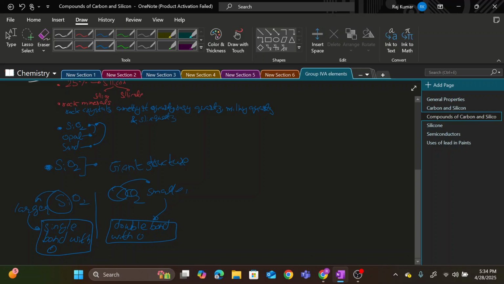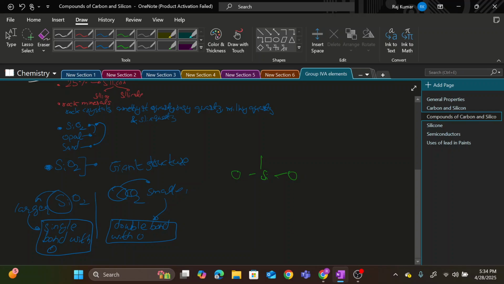And since silicon forms a single bond with oxygen, each silicon is basically surrounded by four oxygen atoms.